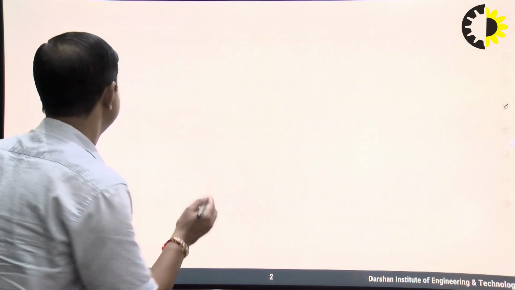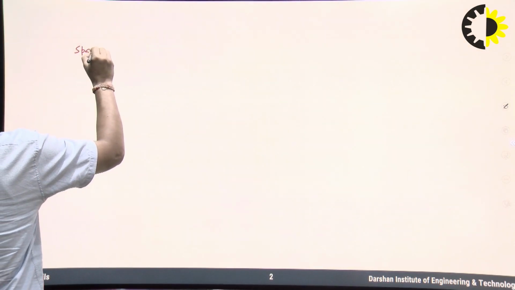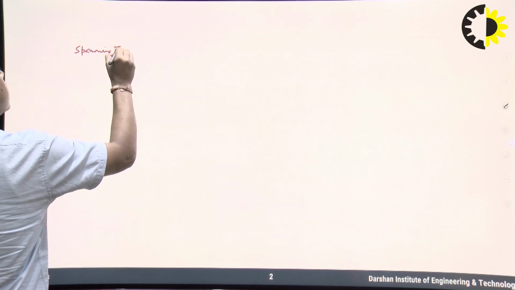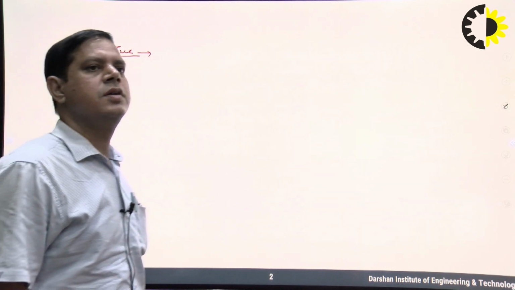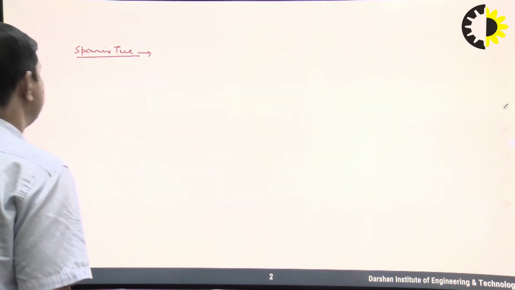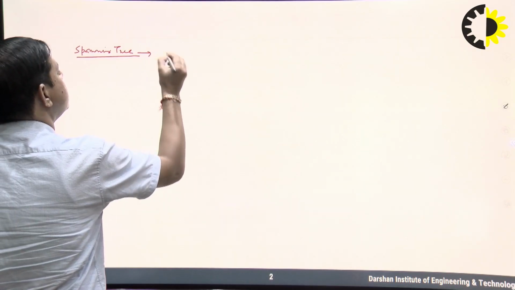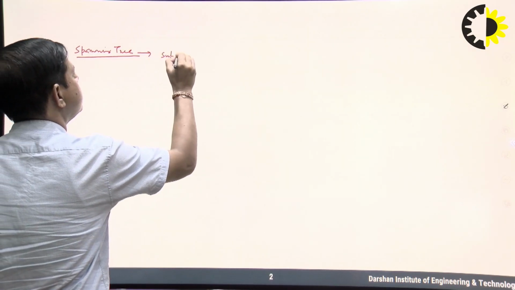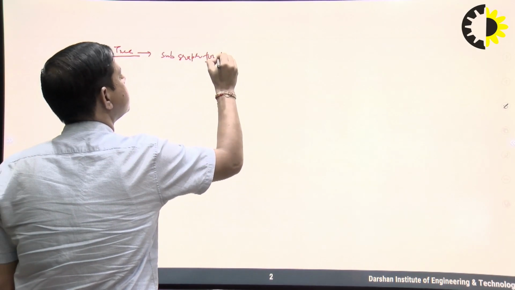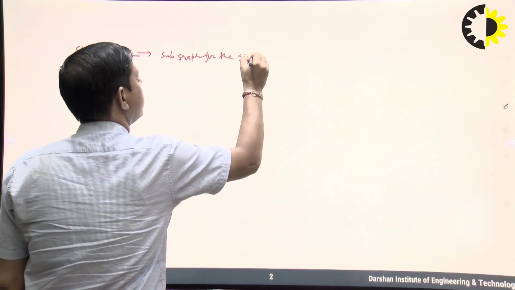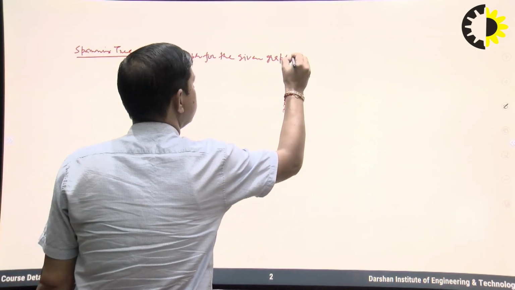Spanning tree is a subgraph of the given graph that must contain the following three properties. What are the properties?